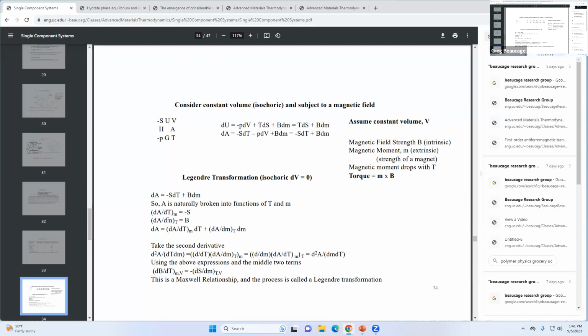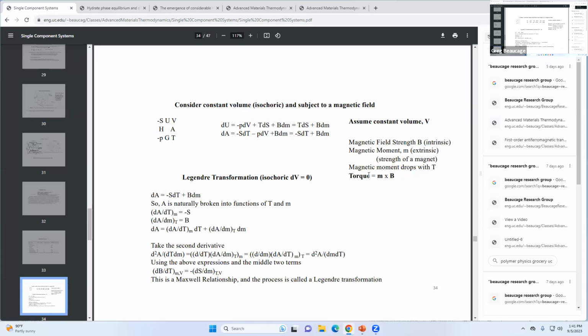Right, so anyway, in this paper, he's doing magnetic field, right? So B is a magnetic field. M is magnetization, magnetic moment, and B is a magnetic field that you put on the system, right?